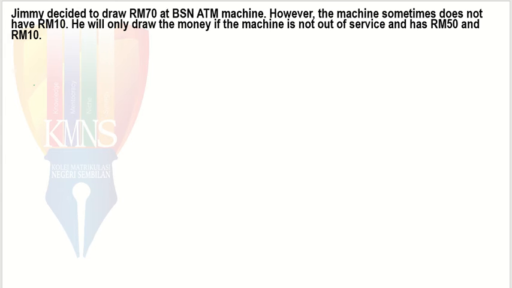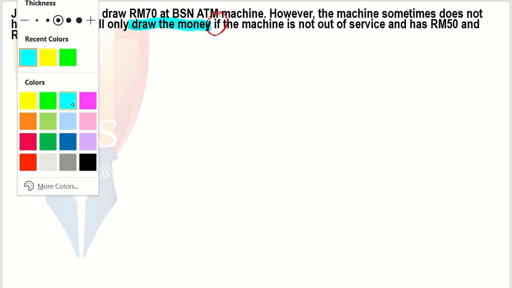If you still remember what I taught you last week, usually if you find the word "if", before that keyword it will be your output. After the "if", it will be your input.